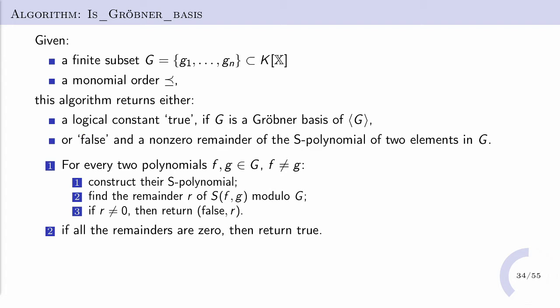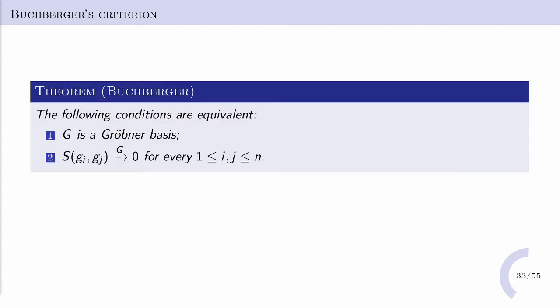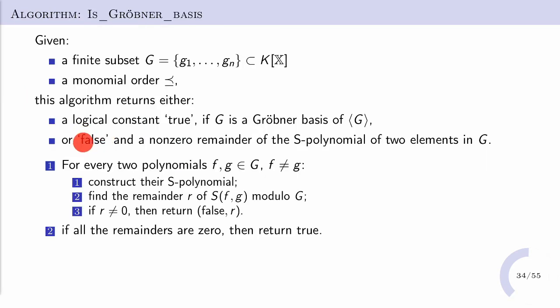But in addition, if it is not a Gröbner basis, then one of these S polynomials does not reduce to 0. So together with false, we return this remainder which is non-zero. This non-zero remainder will be useful in the next algorithm.